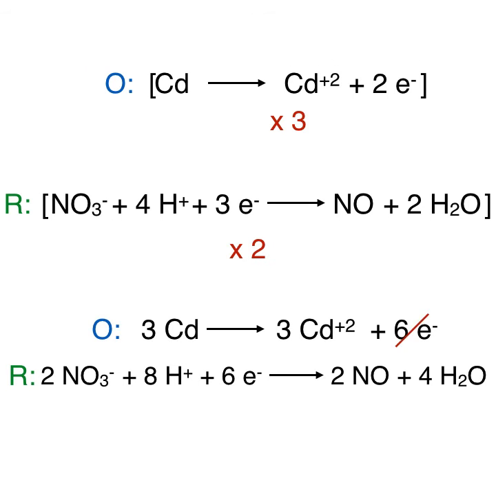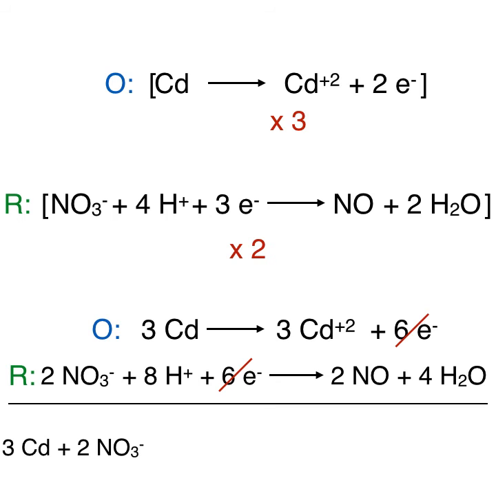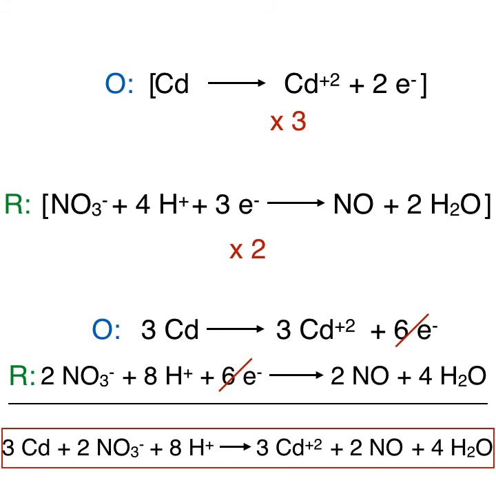Our electrons now cancel out, and we get an overall reaction equation with 3 cadmiums plus 2 nitrates and 8 protons, producing 3 cadmium ions, 2 nitric oxide molecules, and 4 H2O molecules. This is our final balanced reaction equation.